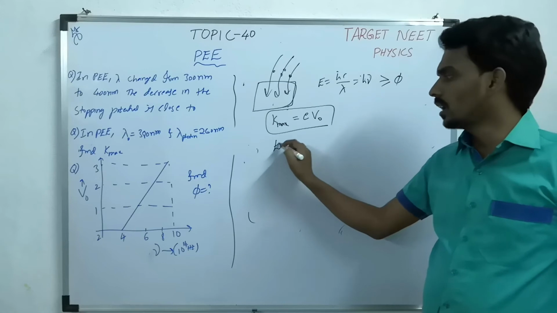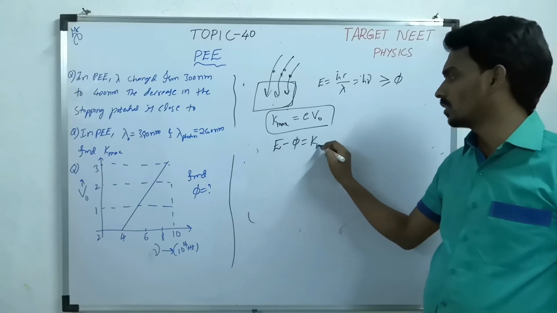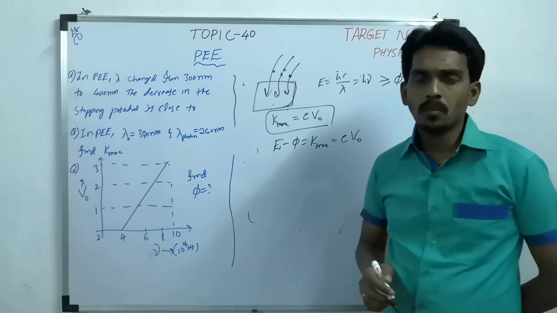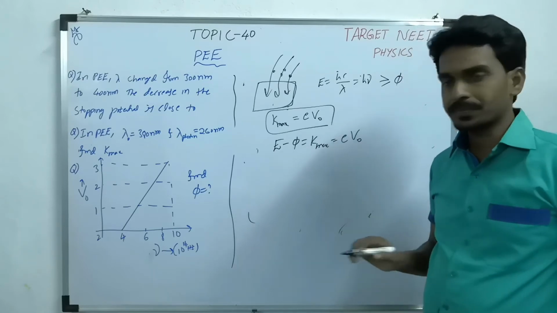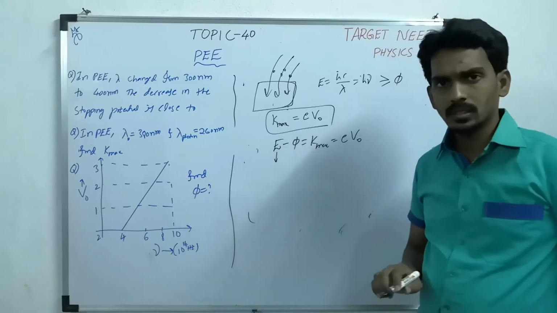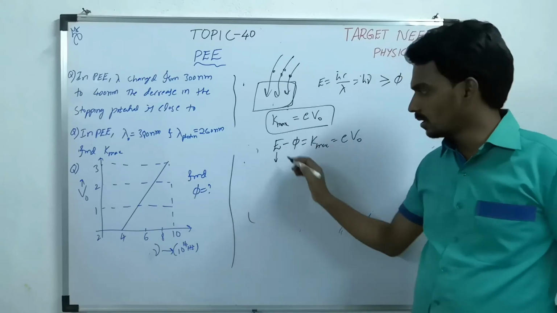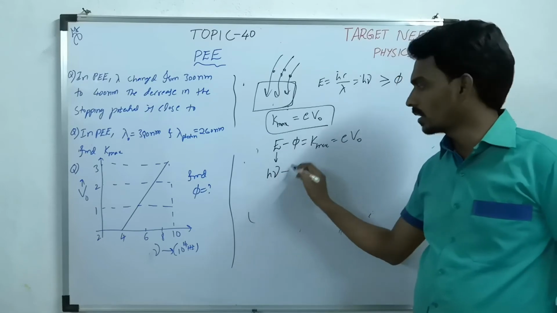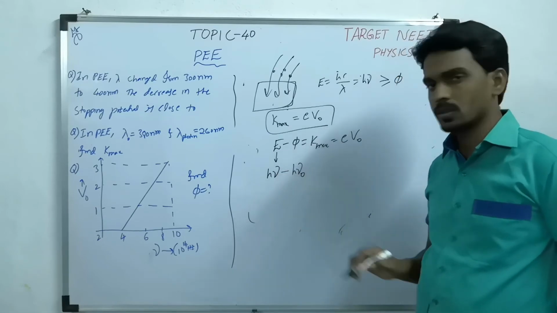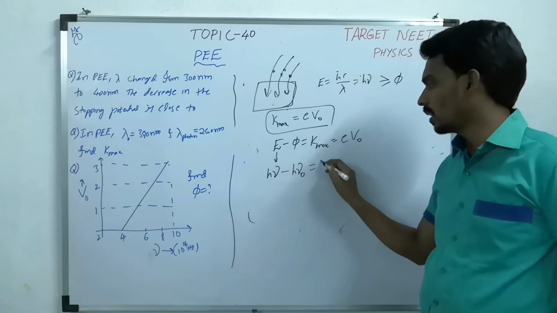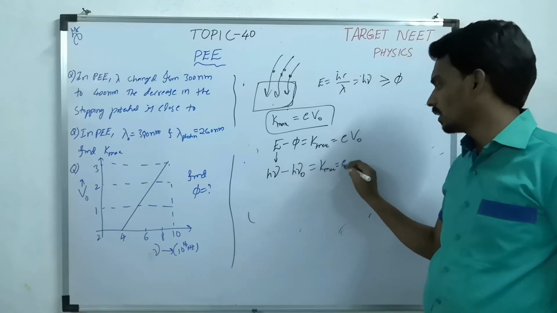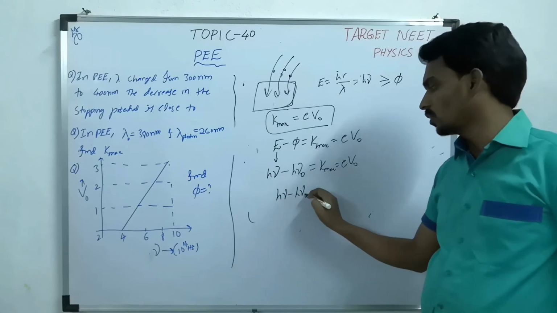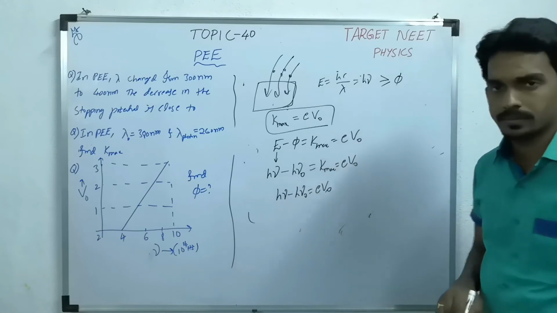That's why the Einstein photoelectric equation you can also write like eV naught, where V naught is the stopping potential. And what is E? The E value is the photon energy, already we have discussed: h nu minus, this is work function, h nu naught, equal to K max, or nothing but eV naught. So h nu minus h nu naught equal to eV naught.